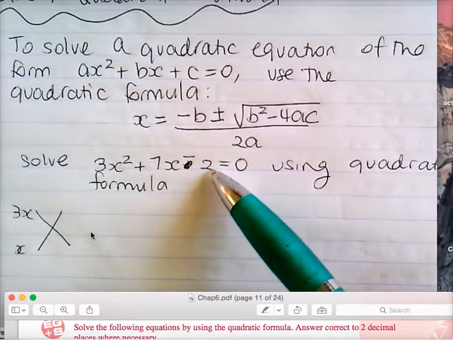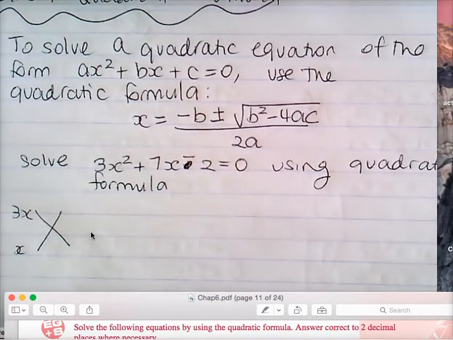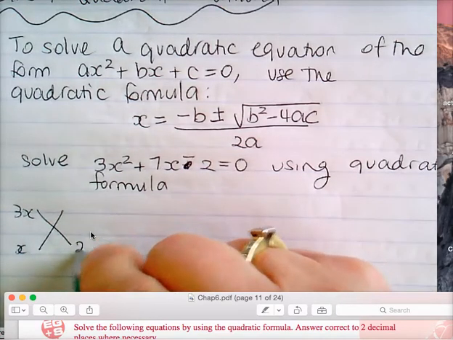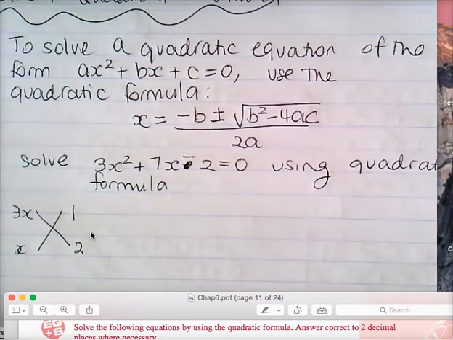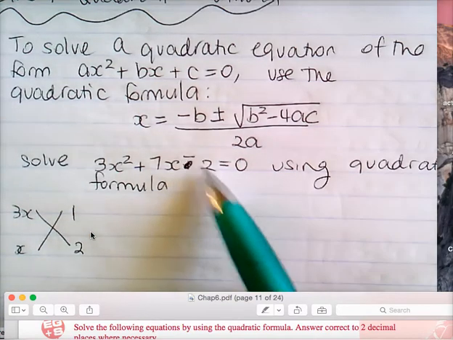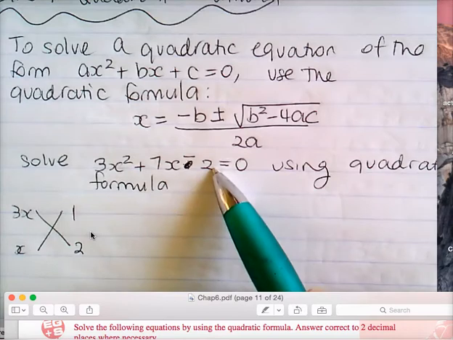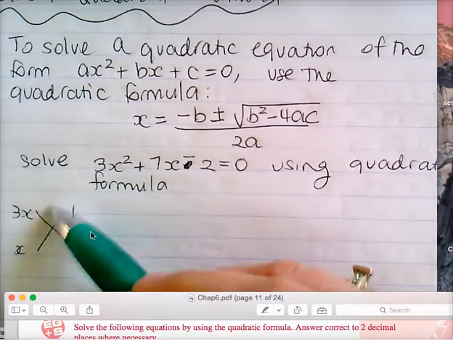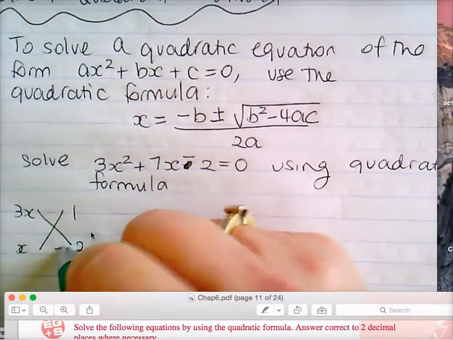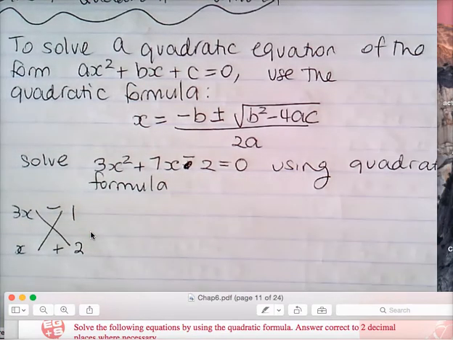Girls, factors of 2. I've only got 2 and 1 or 1 and 2. Let's say I put a 2 and a 1 and you're going to think, Miss, yeah, that's it. But girls, if I want a negative 2, doesn't one of them have to be negative and one has to be positive? Let's say I make this one positive and that one negative. It doesn't matter which way I go, I can't solve that. That gives me 6x minus 1x is 5x.